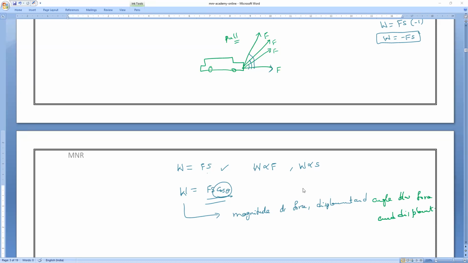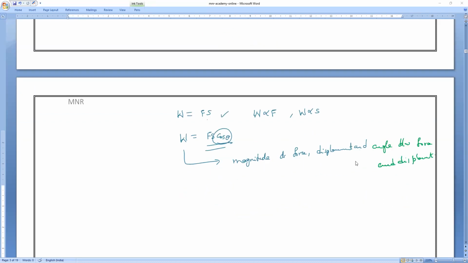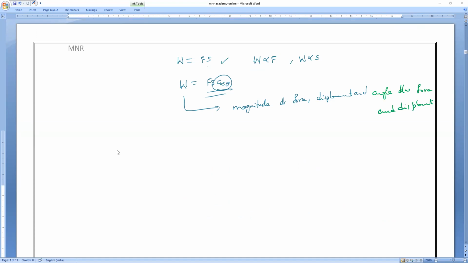Based upon this, we will now classify the types of work done. That depends upon the angle only, which is very, very important. So based upon the angle between the force and the displacement, we will classify it into three different types.